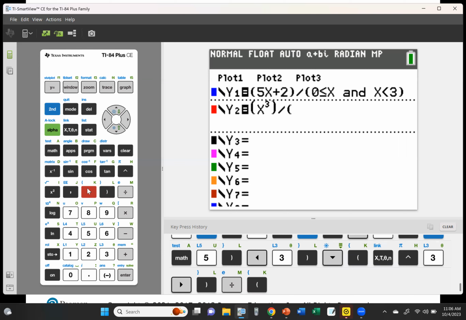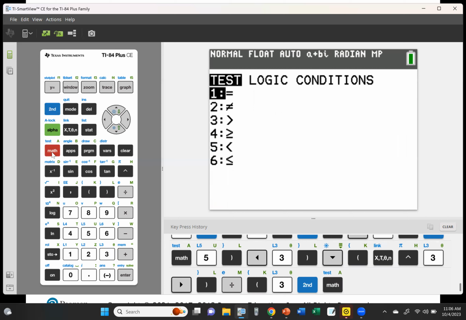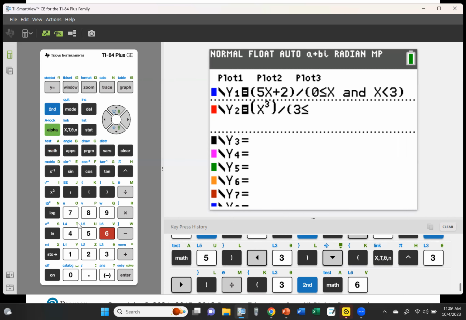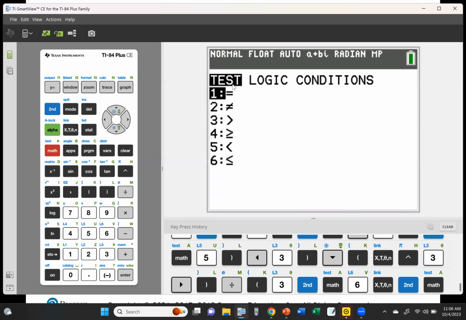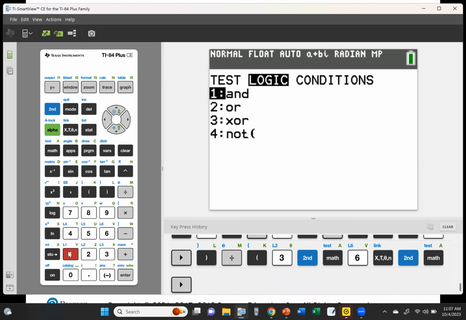So what was the inequality? If x is between 3 and 5, inclusive. So I'm going to type in the 3. Go find the less than or equal to symbol, which is number 6. Type in the x. So x is greater than or equal to 3, and so now I got to go find the and, which is in my test logic, number 1.